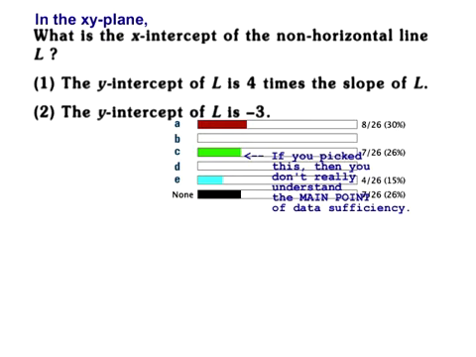But first, let's get rid of this problem for a second. Let's talk about a much simpler problem here. So here is a very simple data sufficiency problem. What is 2x plus 2y?